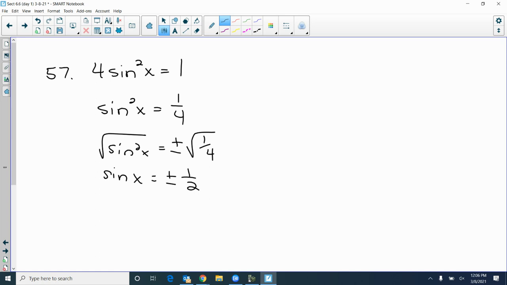All right, 77, let me just write this one down real quick. 2 cosine squared x minus 3 sine of x minus 3 equals 0. Okay. All right, Sierra, you know what to do on that? Explain. All right. So you would make cosine squared x equivalent to 1 minus sine squared x.